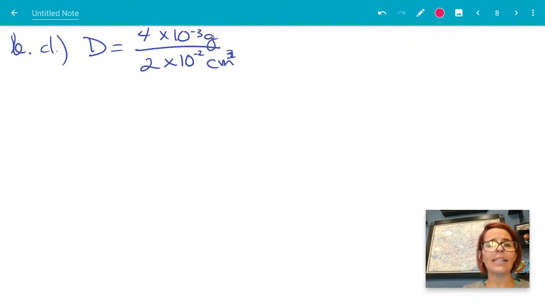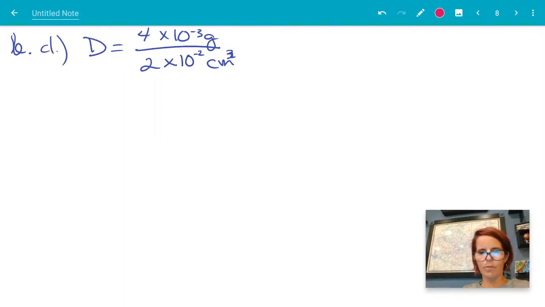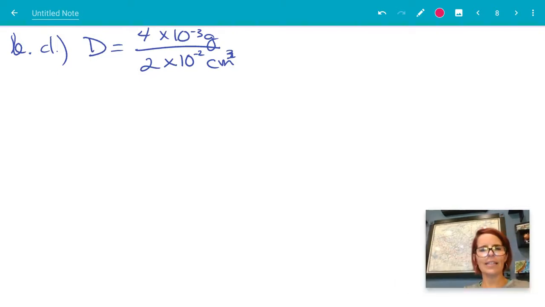And again, because it's division, we don't have to worry about the exponents being the same. So we just enter it into our calculators. So I do 4 times 10 to the negative 3, and I divide it, hopefully this will not run out, divided by parentheses 2 times 10 to the negative 2, close parentheses, and equals.